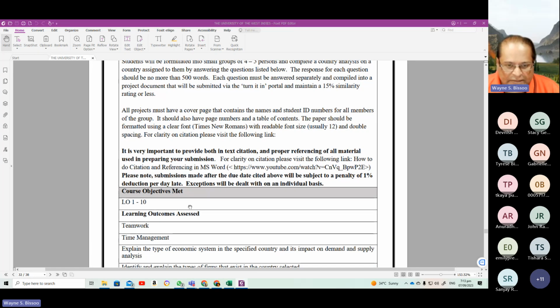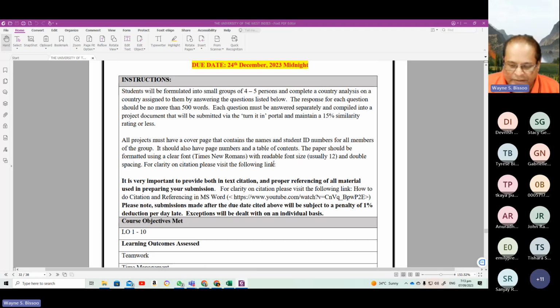And I've put in all the links there for the usual things: title page, page numbers, table of contents, all of those things. This in particular is going to be a long assignment, so I expect that your assignment will have title pages, table of contents, page numbers, appropriate pagination requirements across the board.